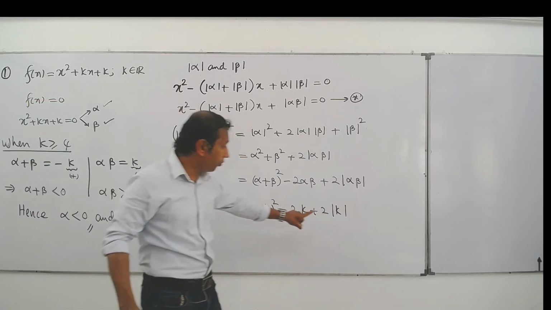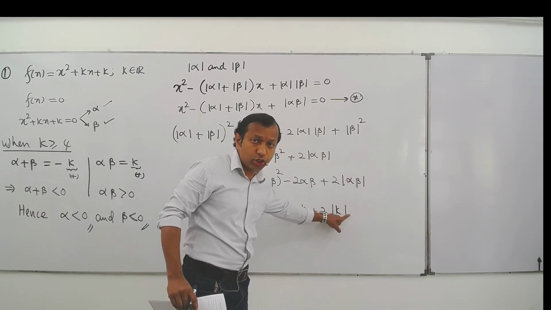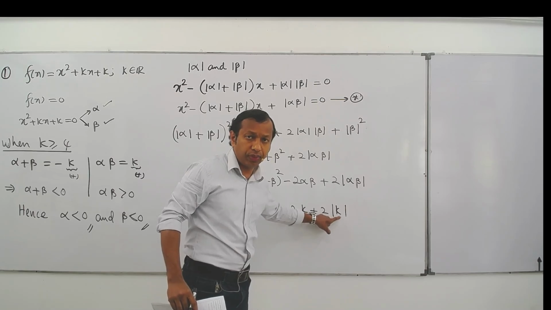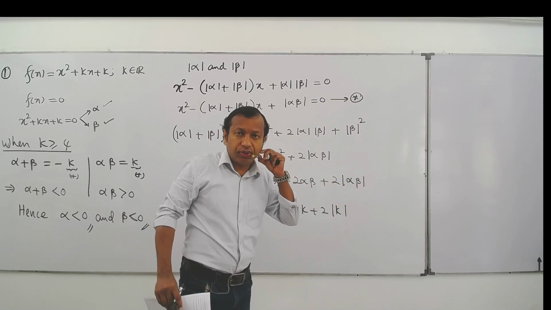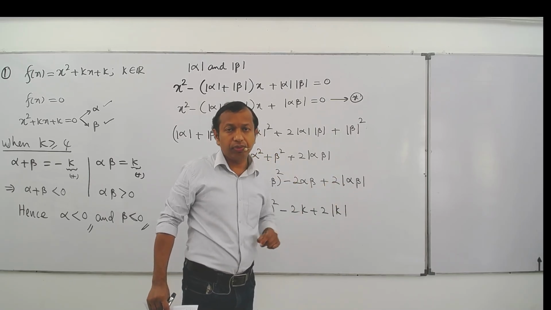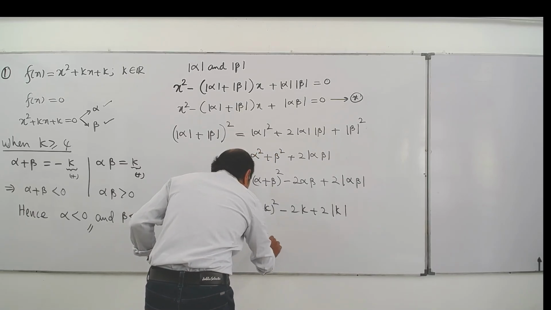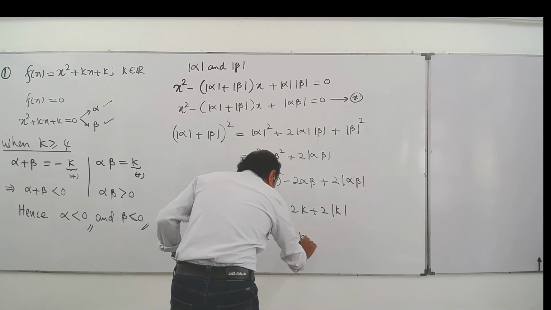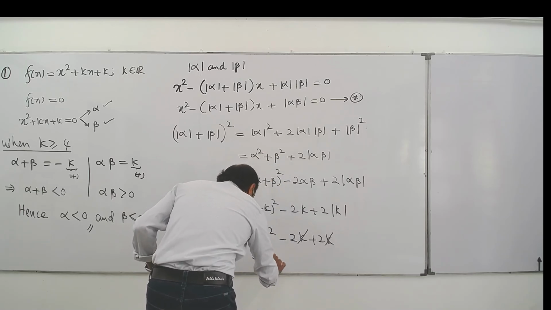That means k is positive. When k is positive, its modulus is the same k. Why? Because we know when the real number is positive, its modulus is the same real number. So therefore, this is minus k perfect squared, which is k squared, minus 2k plus 2k. These two you can cancel. Here we get k squared.